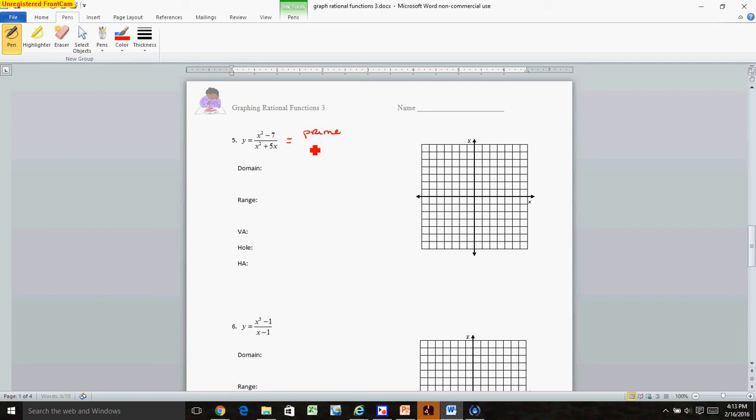Now remember, prime is for factoring, not for solving. The denominator is not prime. It has a factor of x I can pull out, which means my domain is all real numbers except x can't be 0 and x can't be negative 5. Since neither one of them canceled with a matching factor, they're both vertical asymptotes.